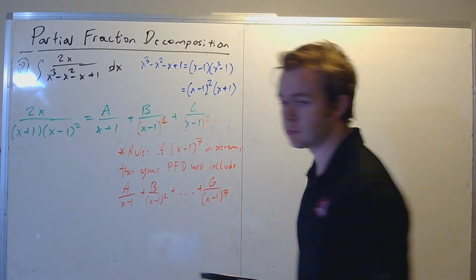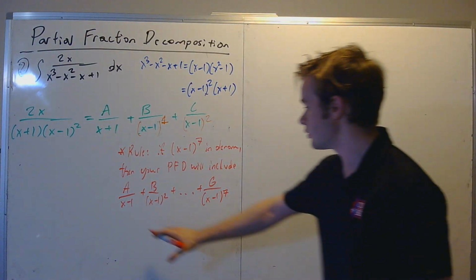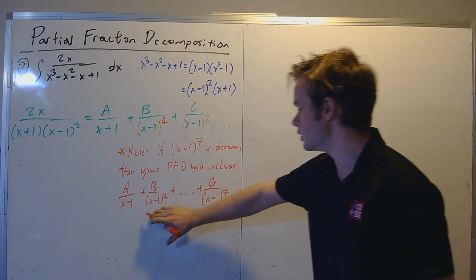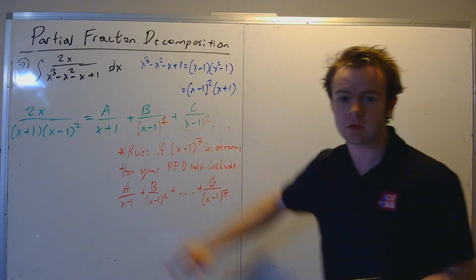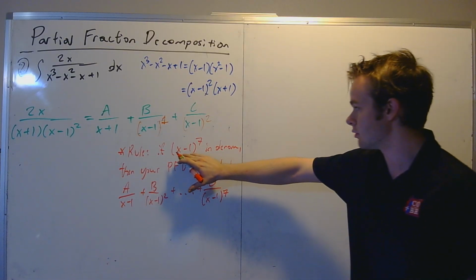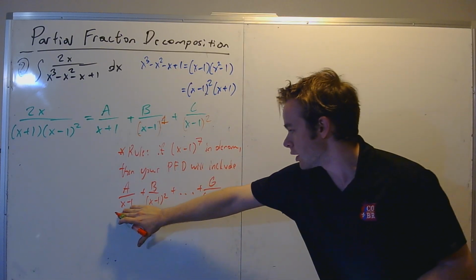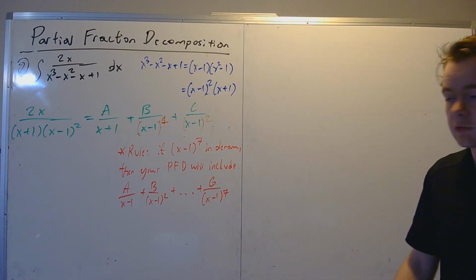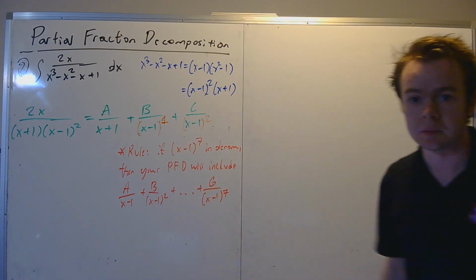So the way we deal with repeated factors is we just keep on listing out these fractions for each power of this repeated factor. So in this case, this was to the 7th, so we had 7 different fractions corresponding to this factor right here.